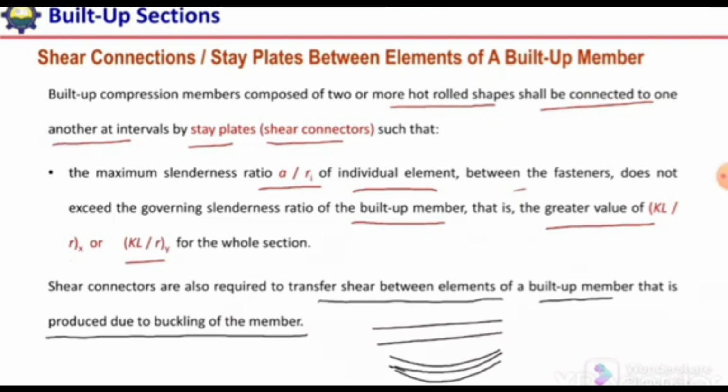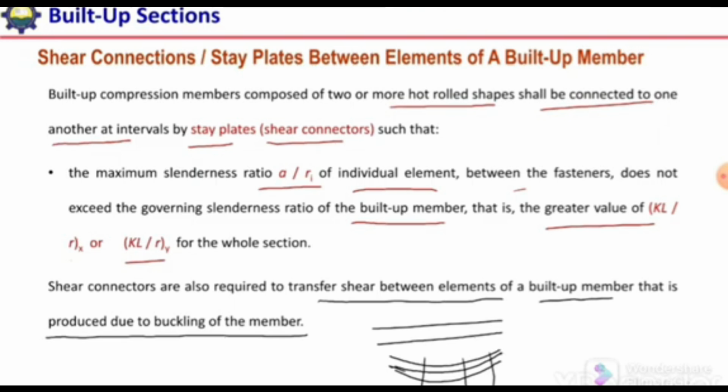As we have seen in the very first chapter about the concept of shear, when we have two plates and we try to bend those plates, they will slide against each other. But if we provide shear connectors or shear bolts, then these shear bolts will resist the shear between these two plates, and the bending strength will be enhanced. The stiffness against the bending will be enhanced.